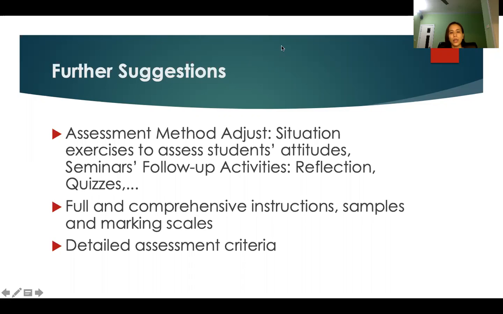And a detailed assessment booklet will also be very helpful. It partially helps to reduce the scoring gaps among teachers.